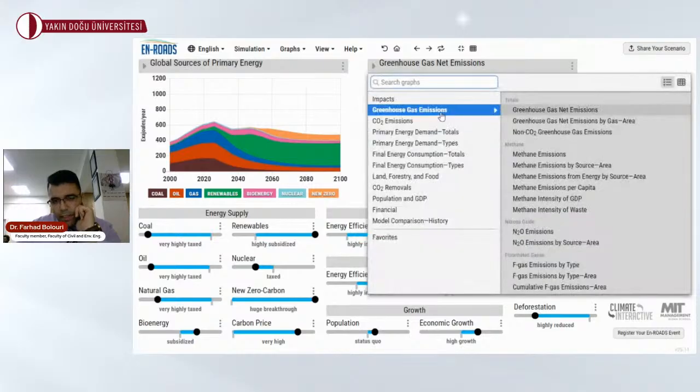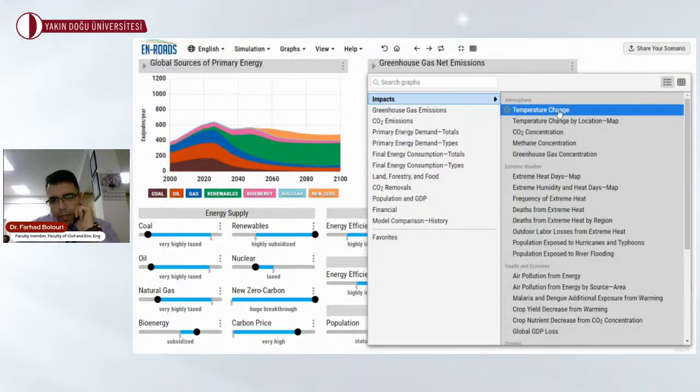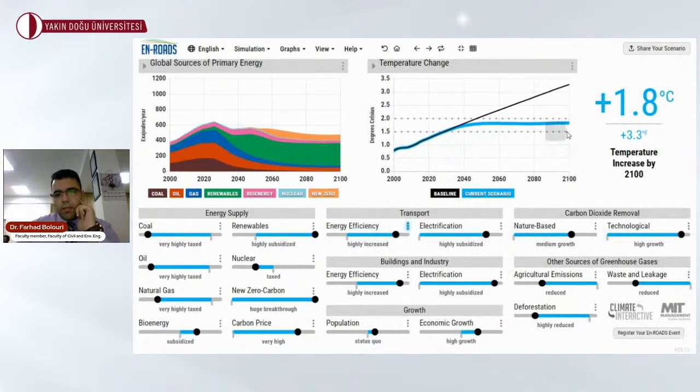Even if here we can see that figure, yes, in the impacts part, temperature change. As you see here, it mentioned these are what UN and IPCC expect from us. This is 1.5, the best, and this one is 2, that is acceptable.